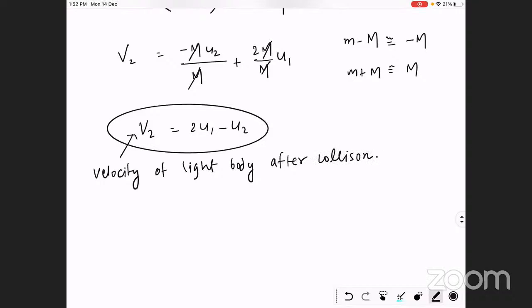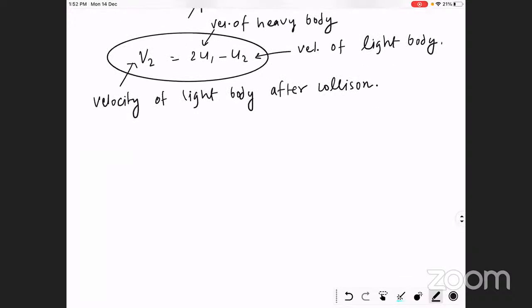This is velocity of light body after collision, this is velocity of heavy body, and this is velocity of light body. See how I understand this, how I remember this.